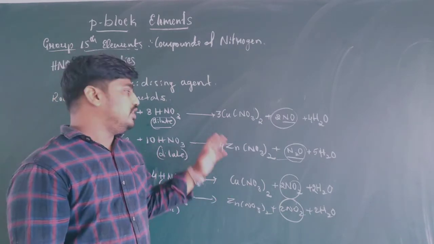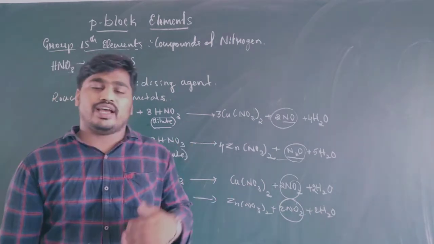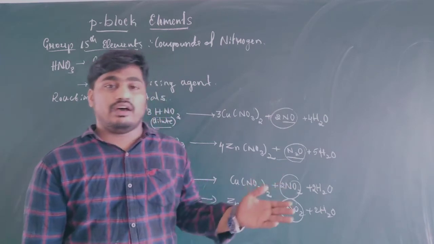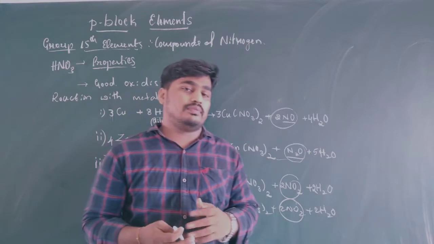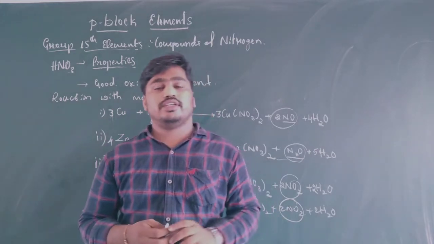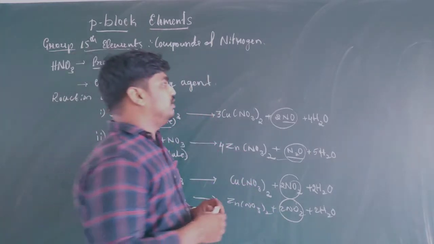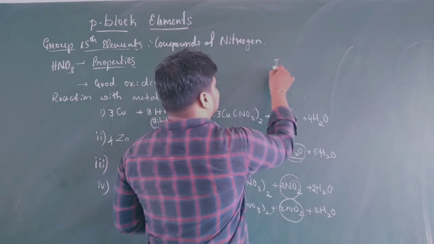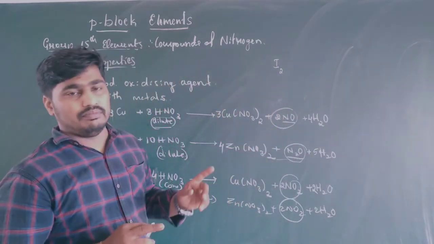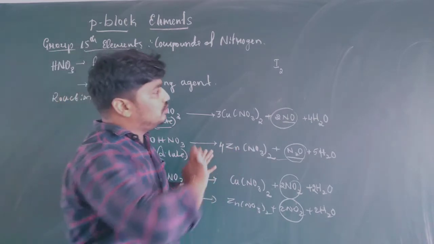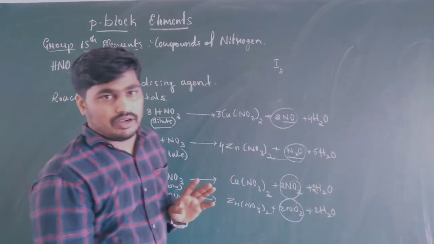Nitric acid not only reacts with metals, it has the ability to react with non-metals also. Whenever nitric acid reacts with a non-metal, again it shows the oxidizing property. Iodine is a non-metal, correct? Iodine belongs to the p-block elements, extremely on the right side of the periodic table.